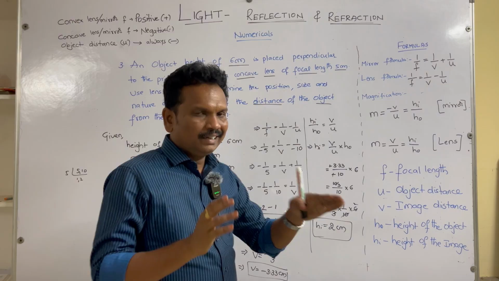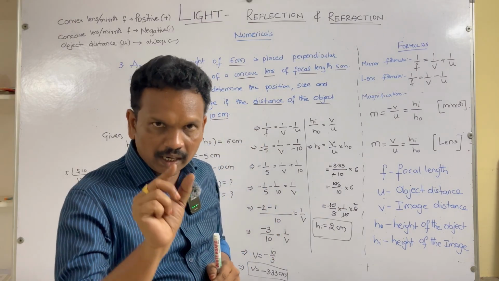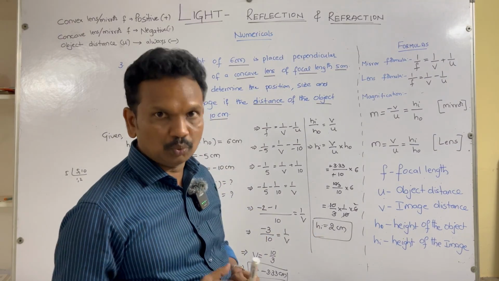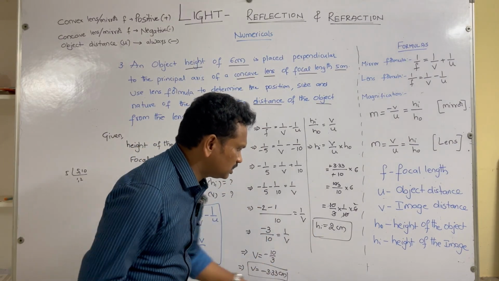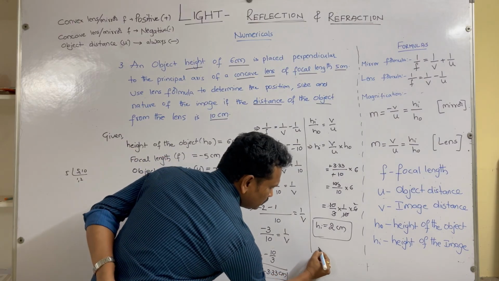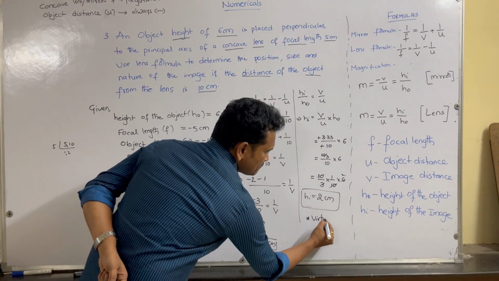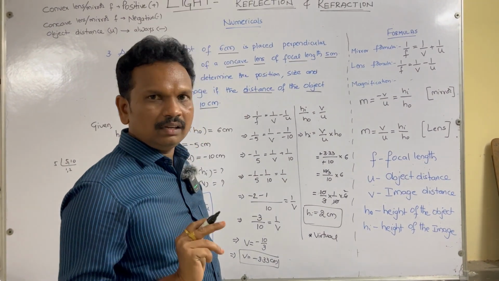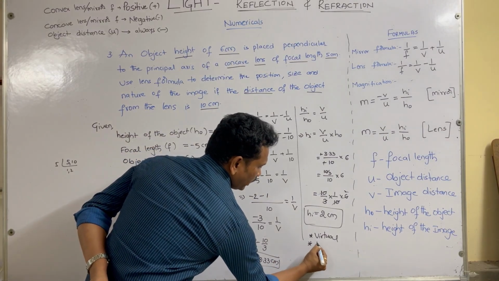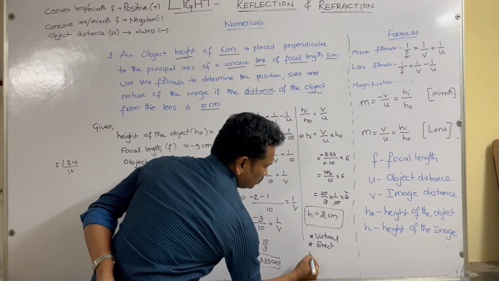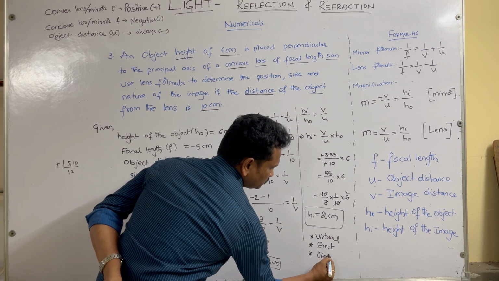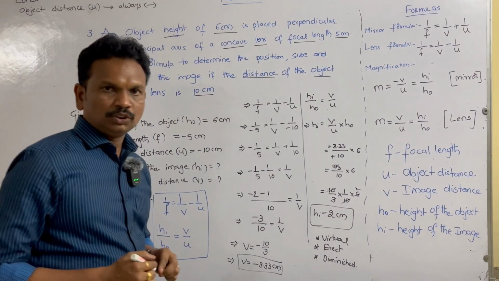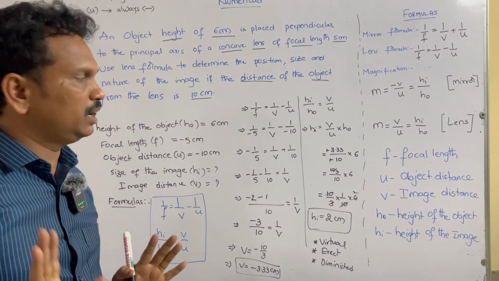So this is a diminished image. And if you get the value positive, that is virtual. Now the characteristics are: it is virtual, and all virtual images are erect, erect and diminished. These are very important concepts.